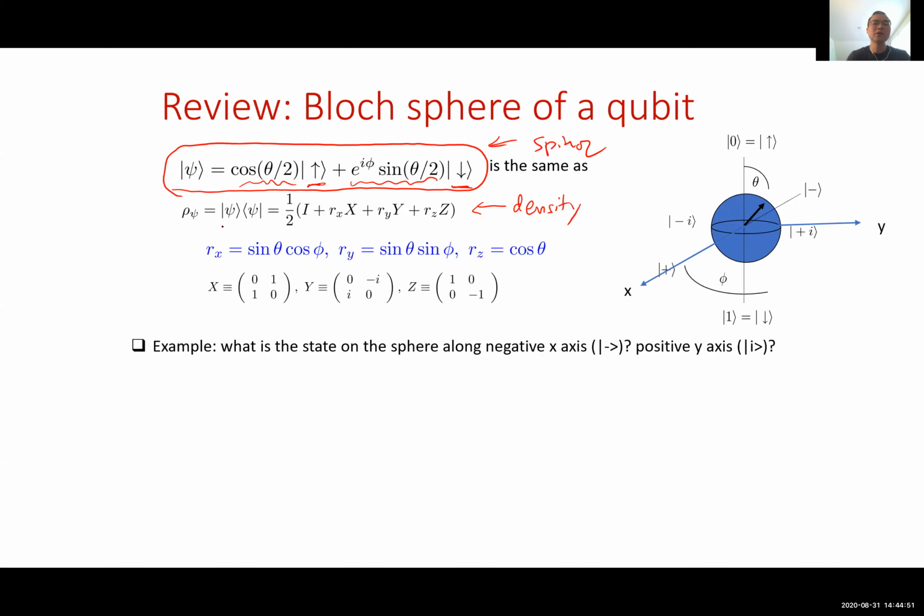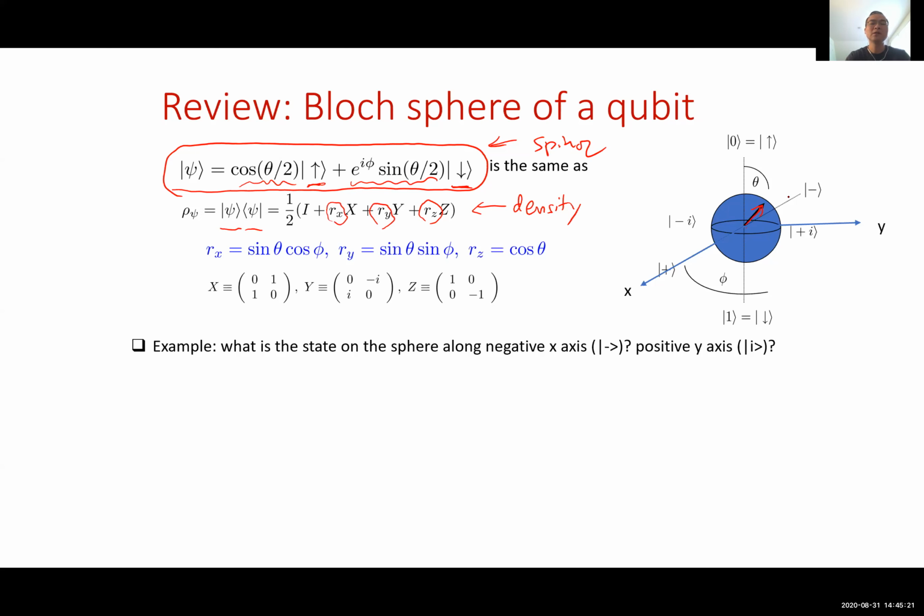So you just take a column vector times the Hermitian conjugate row vector. You get a matrix, but this matrix, it turns out, can be represented in terms of coordinates Rx, Ry, Rz. This is what represents the Bloch sphere. So the vector that it represents is a state in the Bloch sphere.